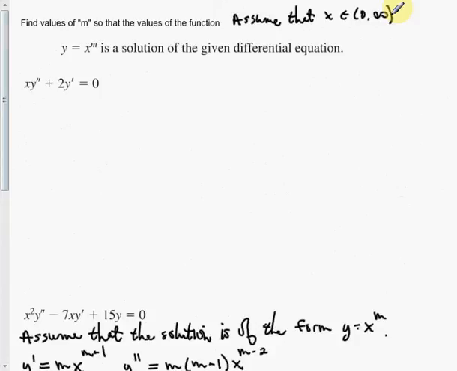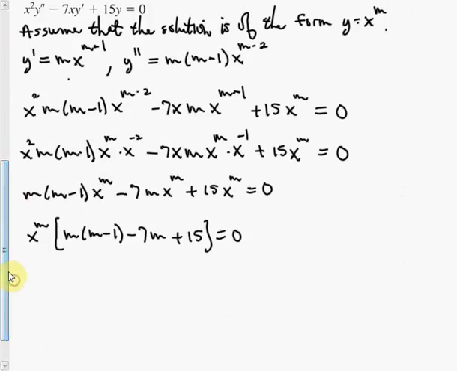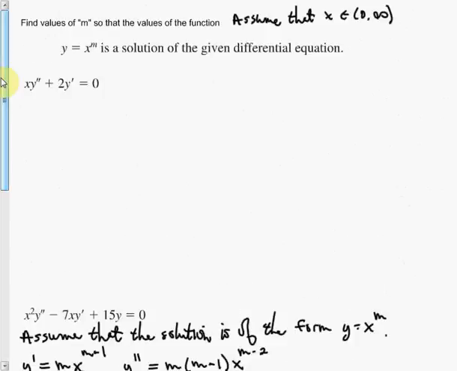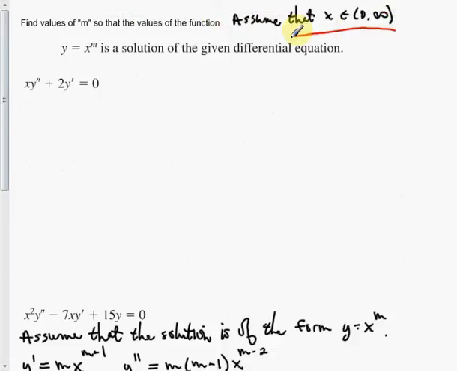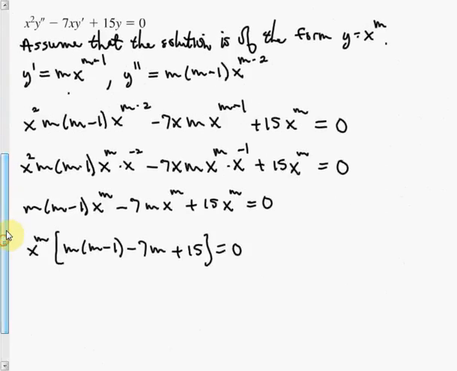Now, why do we do that? Well, it's easy. I make this assumption because if I don't make that assumption, then you have to actually solve for x to the m by itself. But if x is not equal to 0, then x to the m is not participating in the solution, but what's in the bracket is.